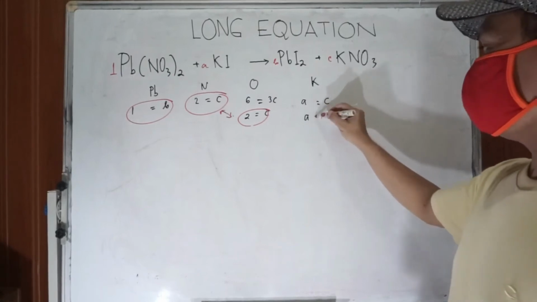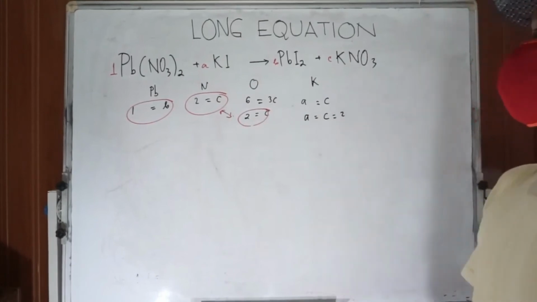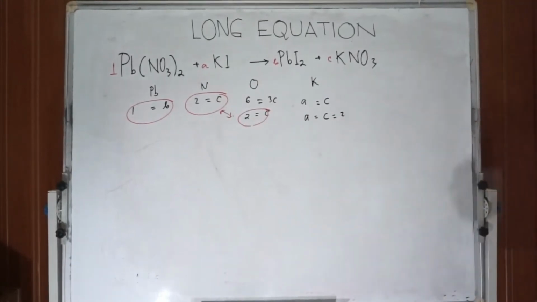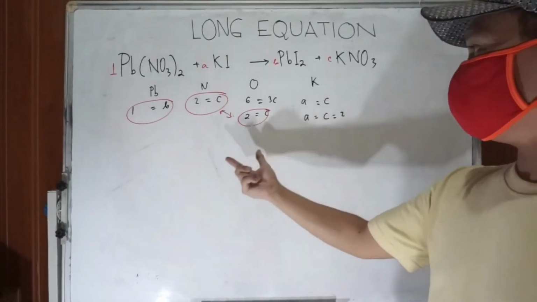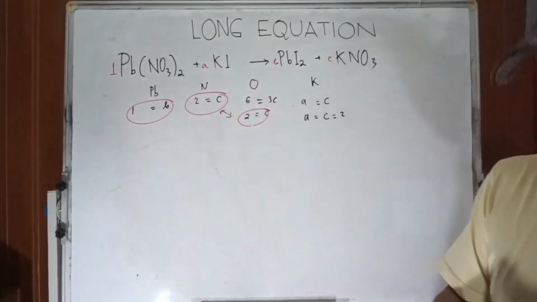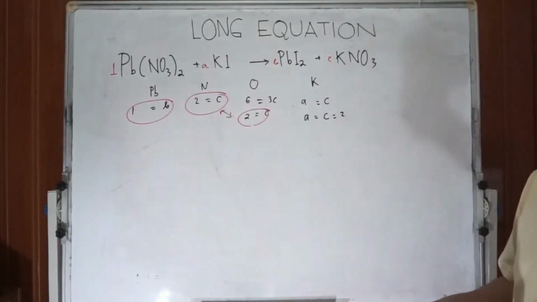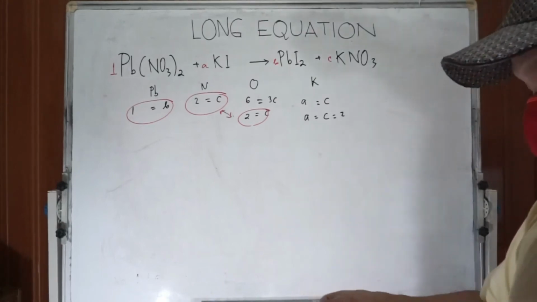So A equals C equals 2. Right. Okay. Now we got A, we got B, we got C. Finished, right?